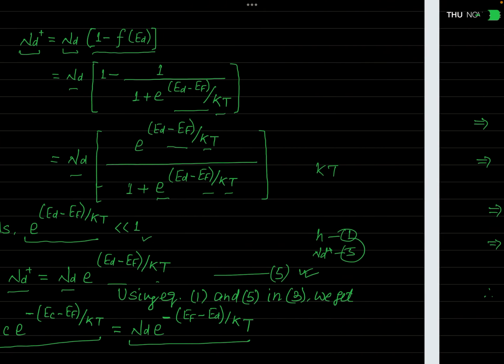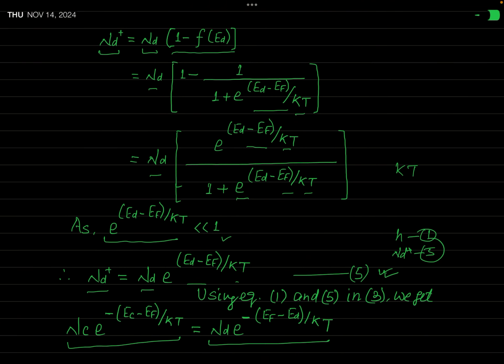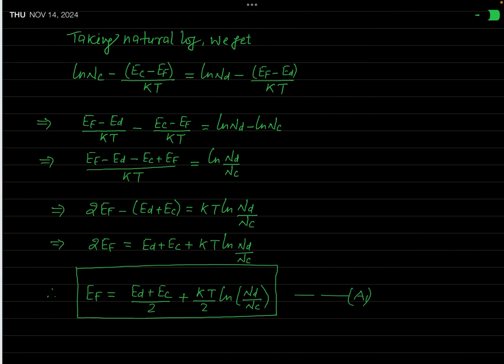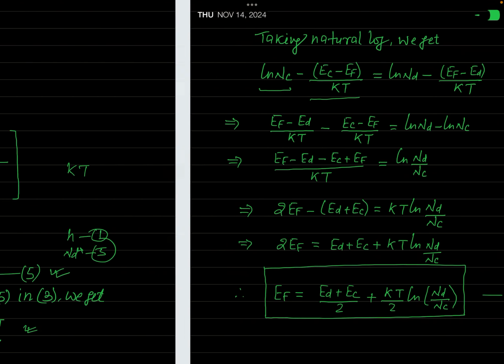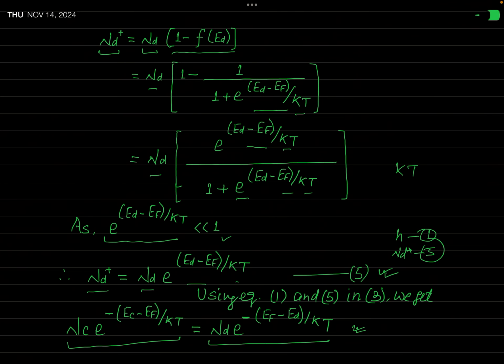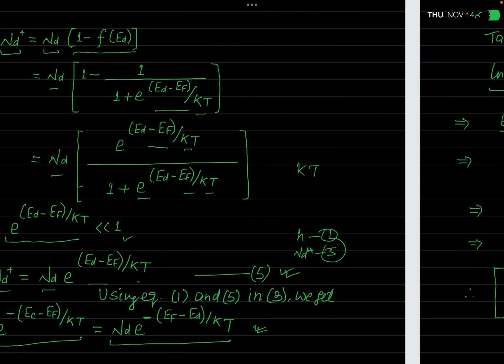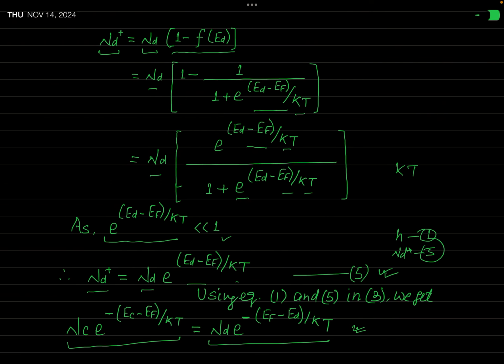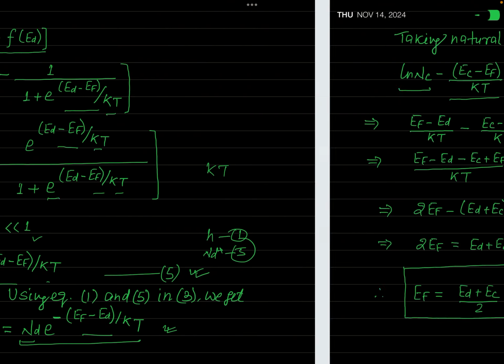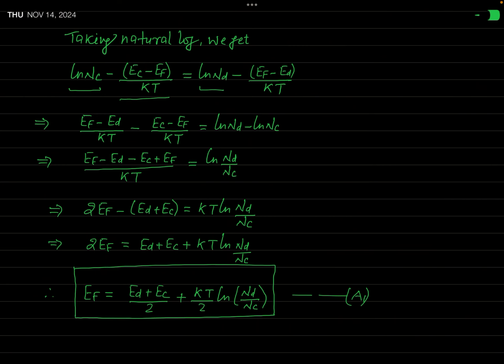For this, let us take the natural log of both sides of the equation. On the left we get ln Nc minus Ec minus Ef over Kt, because this is e to the power this much, and on the right there will be ln Nd minus Ef minus Ed over Kt.